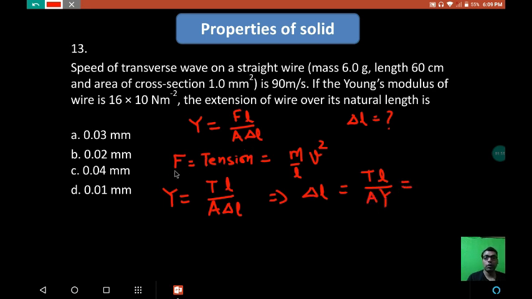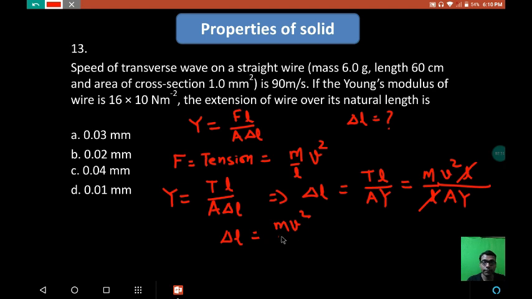We put the value of T, that is M by L into V square, into L, upon area, and this is Y. Just cut out the factors and we get delta L as mv square by AY.